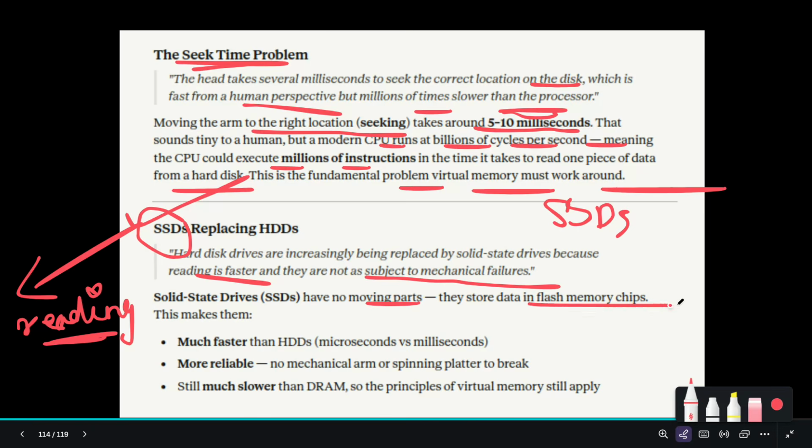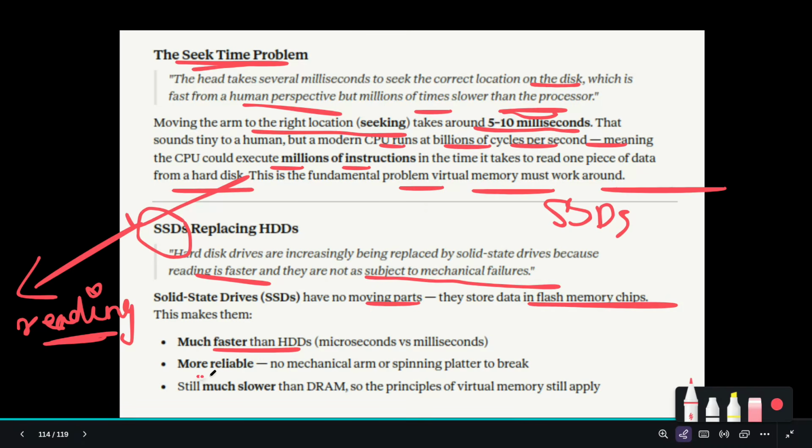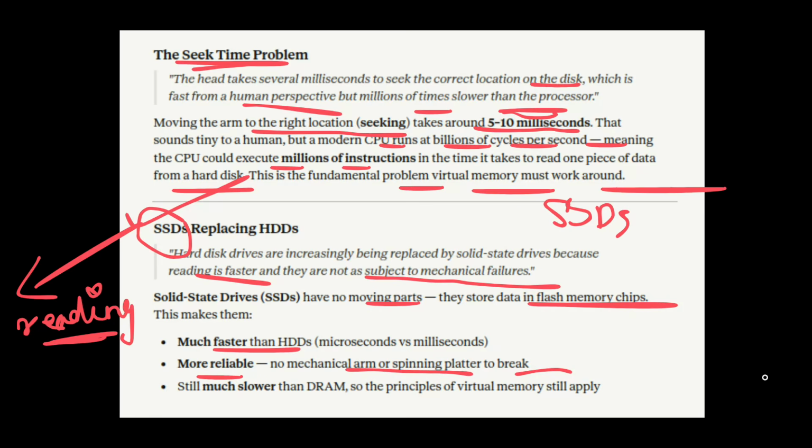They store data in flash memory chips. They are much faster than HDDs, not subject to mechanical failures, and also more reliable. There is no mechanical arm or spinning platter, therefore no mechanical failures would occur.